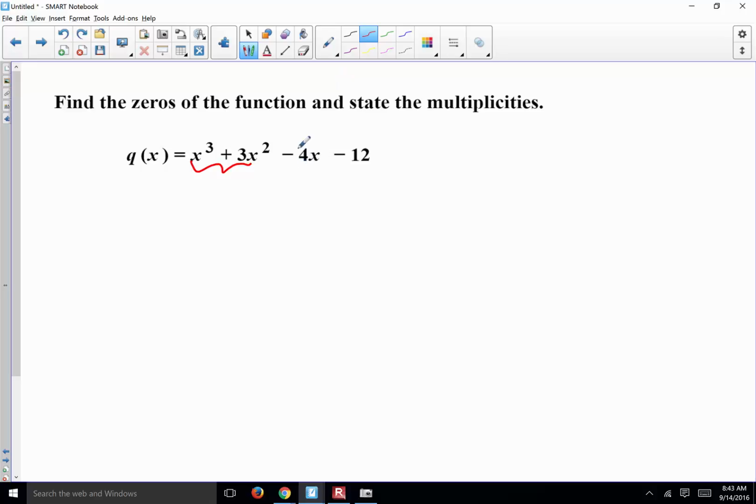Group this and group that and find what's common between them. This is x squared common, right? What is common between -4 and -12? -4. Oh, what a coincidence. These two match. Then factor them again.